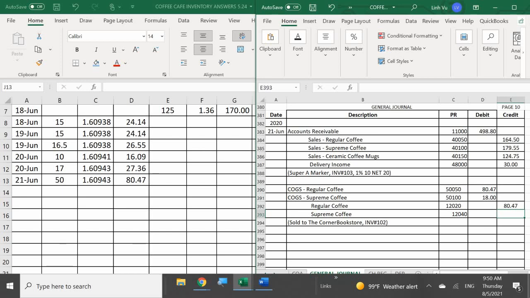To sell 50 pounds of coffee, it cost me a total of $80.47.